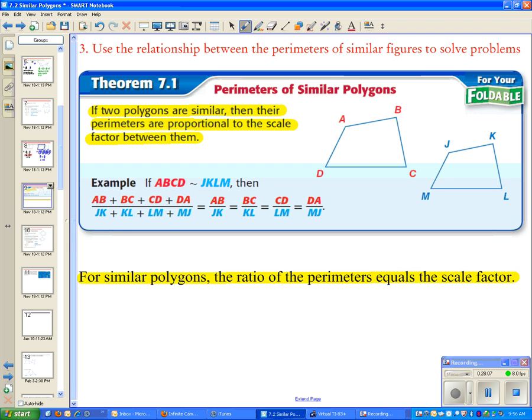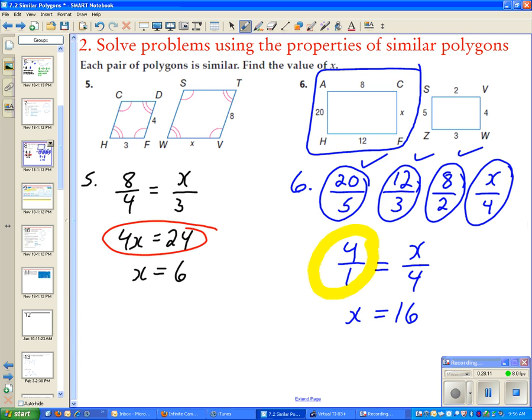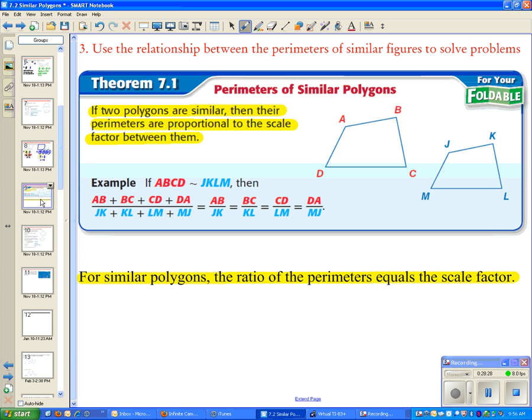So whatever the scale factor is, like in this one, the scale factor was 4 to 1. That's what the ratio of the perimeters equals, 4 to 1. In this one, it was 8 to 4, or 2 to 1. That's what the ratio of the perimeters would equal. The ratio of the perimeters equals the scale factor.